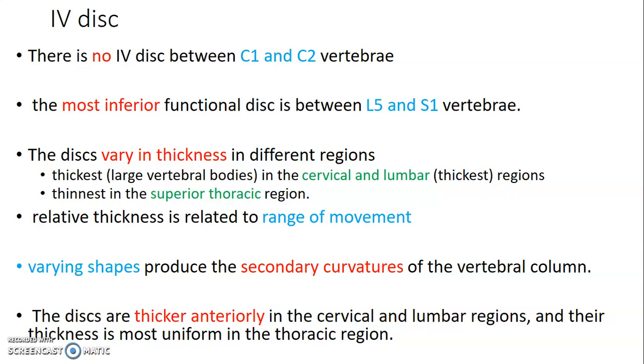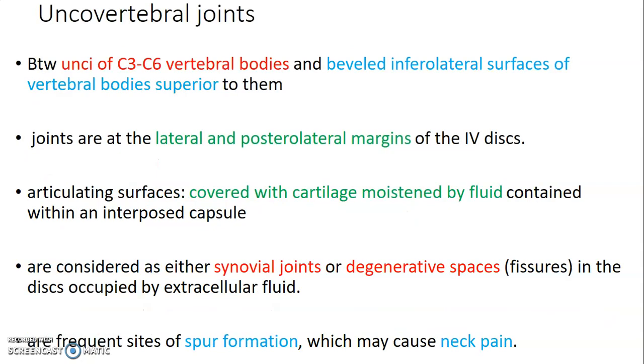These discs produce a varying shape of the vertebral column, and this gives us the curvatures of the vertebral column. Remember, the discs are thick anteriorly in the cervical and lumbar region, and the thickness is most uniform in the thoracic region.